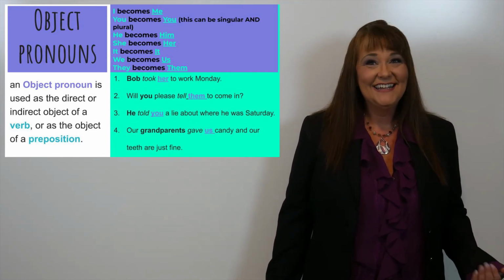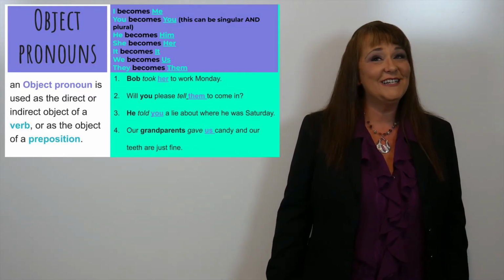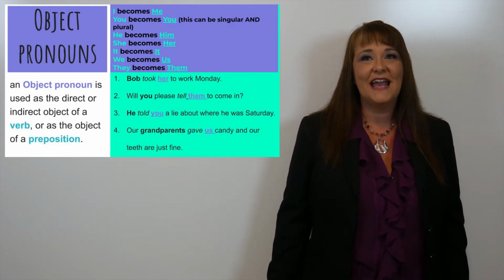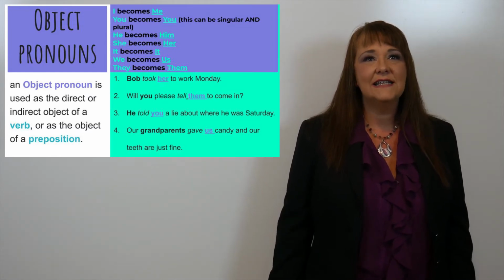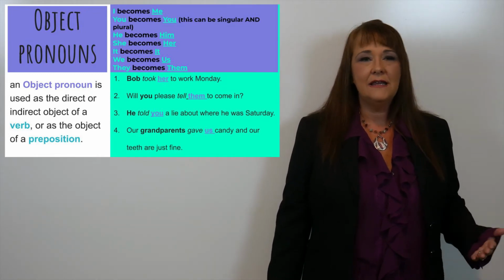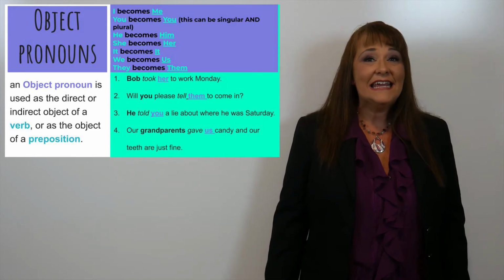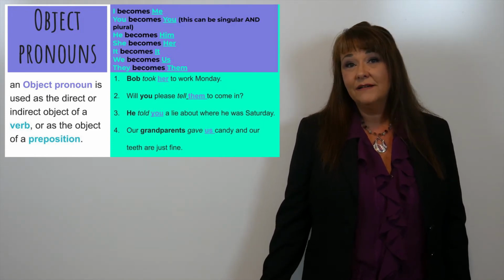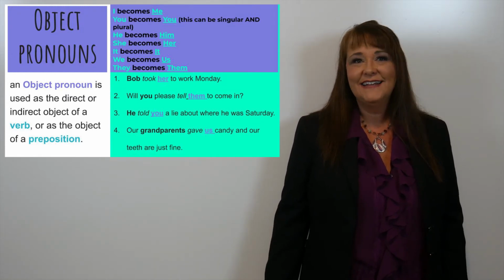There are 7 basic pronouns that take on different forms when used as object pronouns. So see where it says I becomes me, and you becomes you. He becomes him. She becomes her.